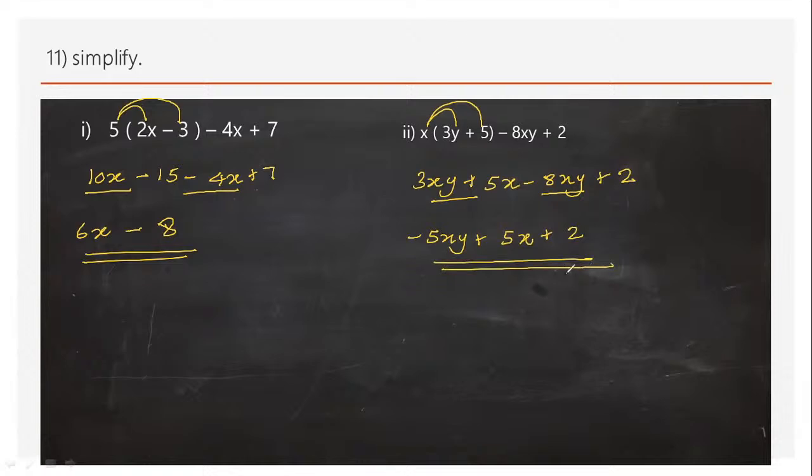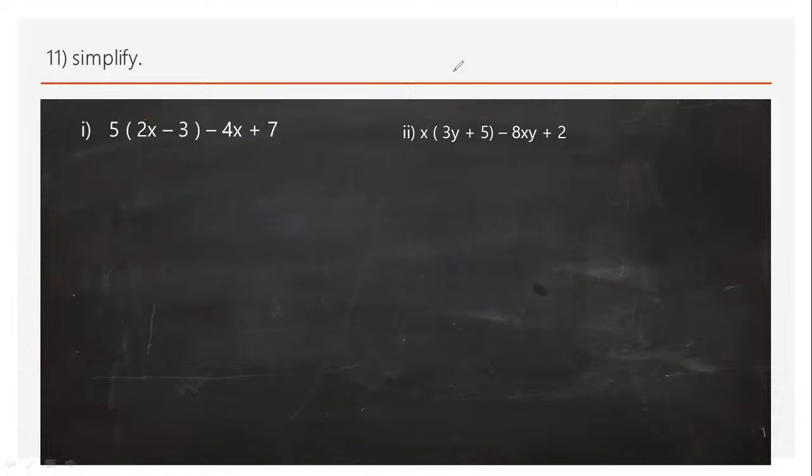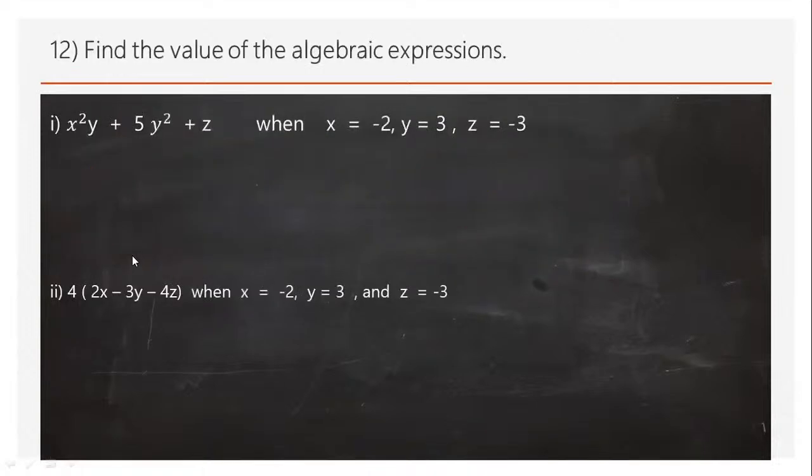Question number 12. Find the value of the algebraic expression x squared y plus 5y squared plus z, x equals minus 2, y equals 3, z equals minus 3. Minus 2 squared, substitute the values, into y 3, plus 5 into y, 3 squared plus minus 3.